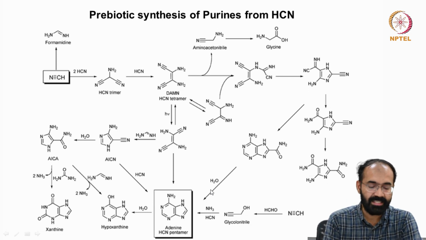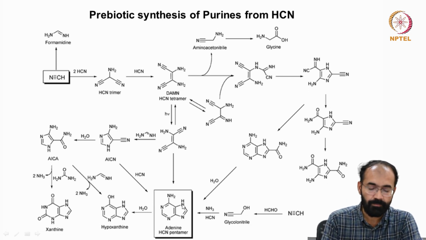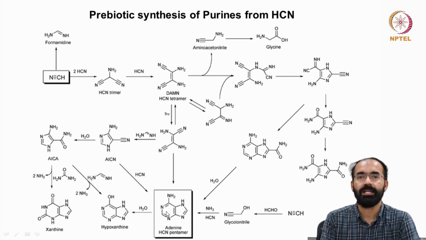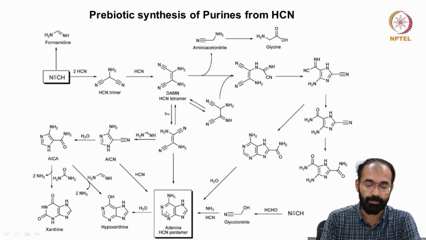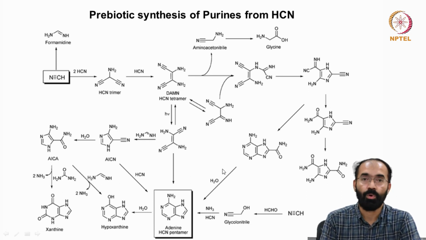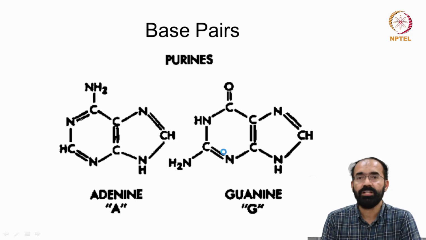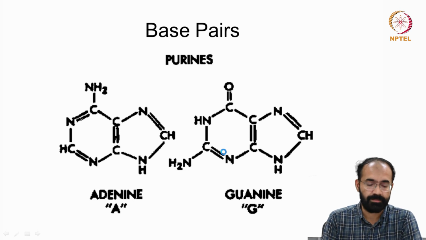So as you can see here, xanthine can be formed, hypoxanthine can be formed, and also adenine can be formed. Similarly, the other purine, that is guanine, also can be easily formed by similar chemistry. So purines can be formed as a polymer of hydrogen cyanide. And let us look into the structure of the purines.